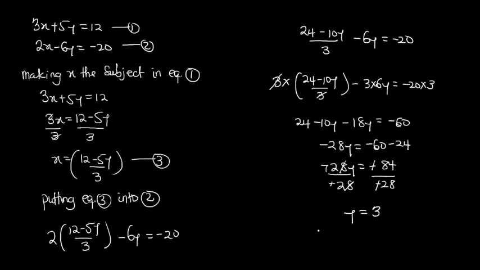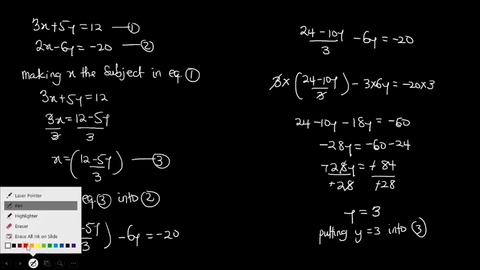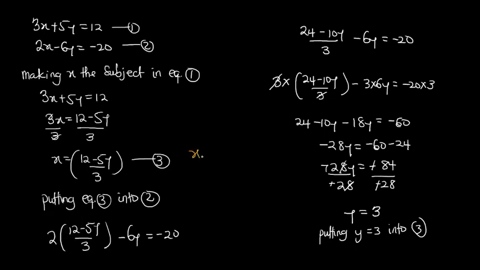Now substituting or putting y equals 3 into equation 3 here to get the x easy, into equation 3, I'm going to have my x to be equal to 12 minus 5 into bracket 3 all on 3.